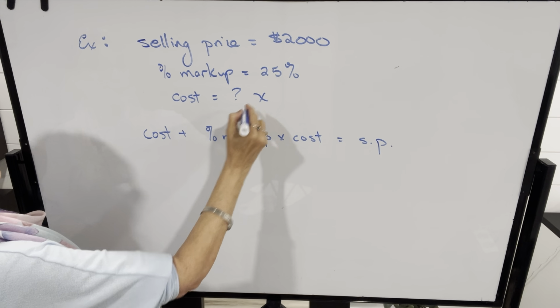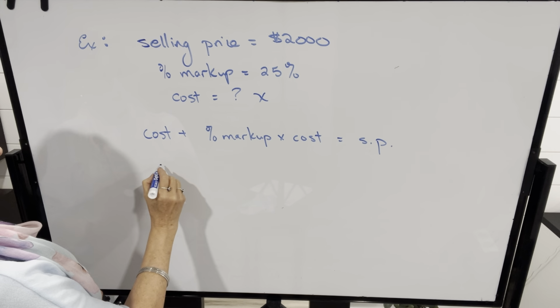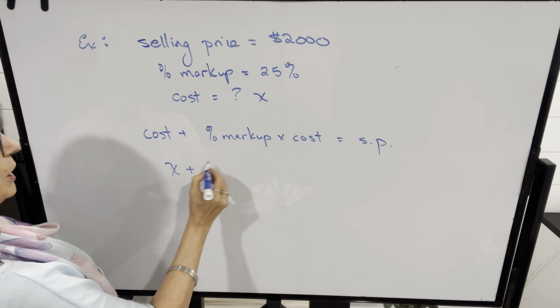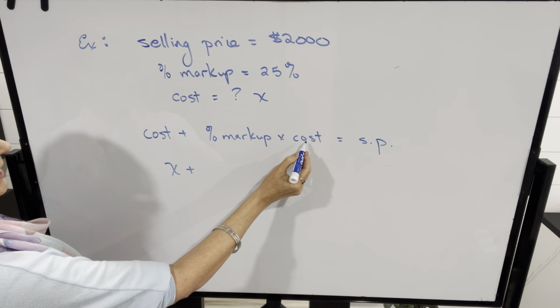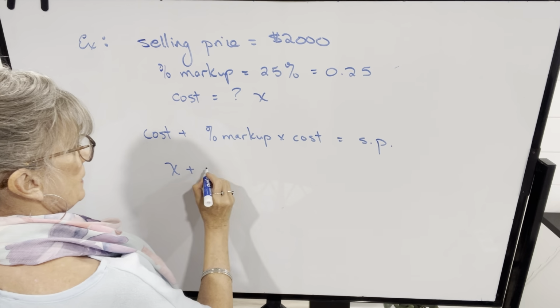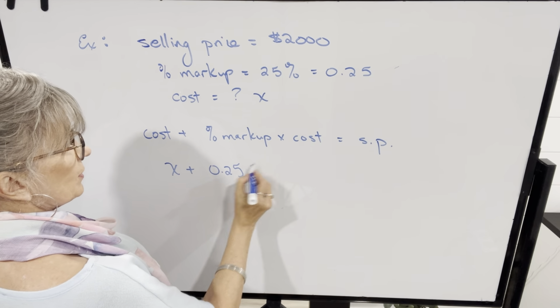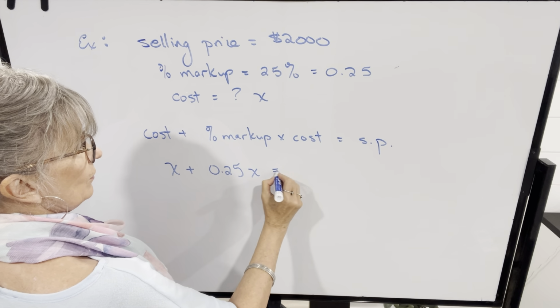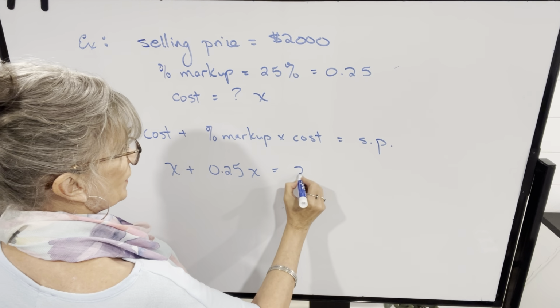Again, we're going to let x be our unknown, so cost will be x plus the percent markup times the cost. 25% is 0.25. So 0.25 times our cost, which we don't know is x, will equal the selling price, which is 2,000.